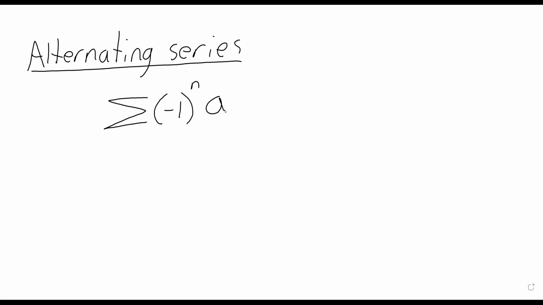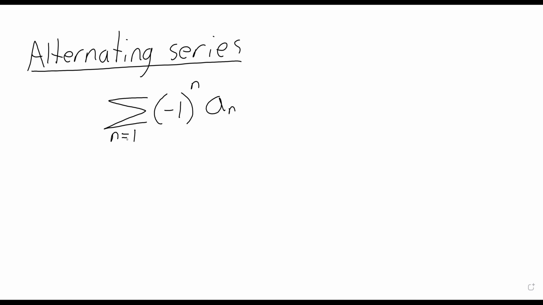And then we've got some positive term. And where we start controls whether the first term in the series is positive or negative. So the terms in this series are alternating. It's either positive, negative, and then on for infinity, or it's negative, positive, and then on for infinity.